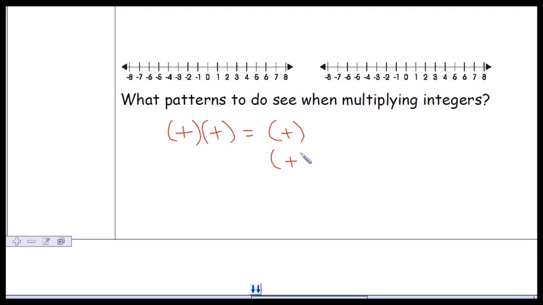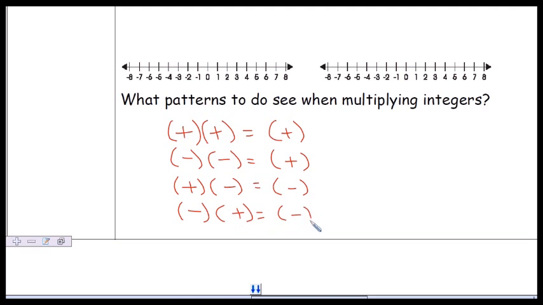The other way we can get a positive answer was if we multiplied a negative times a negative. And when we multiplied a positive times a negative, we got a negative answer. And the last one, when we multiplied a negative times a positive, we also got a negative answer.